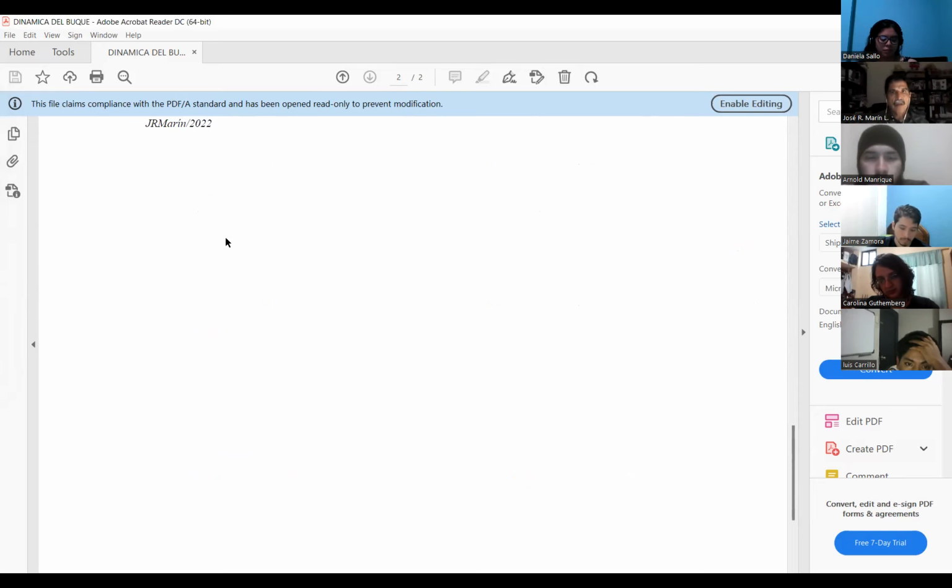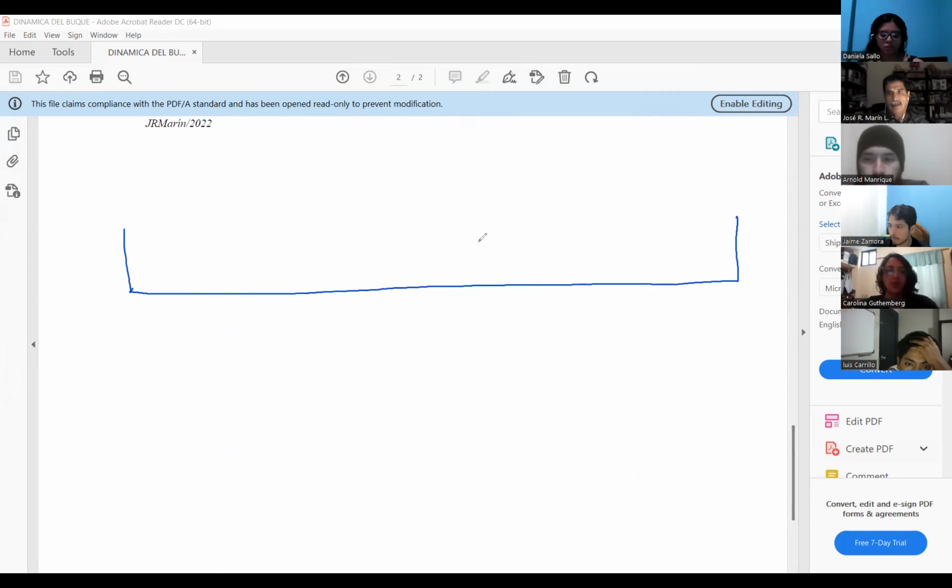As I said before, what we're going to be doing is we have a tank here, with some guides. We can move it in this direction.